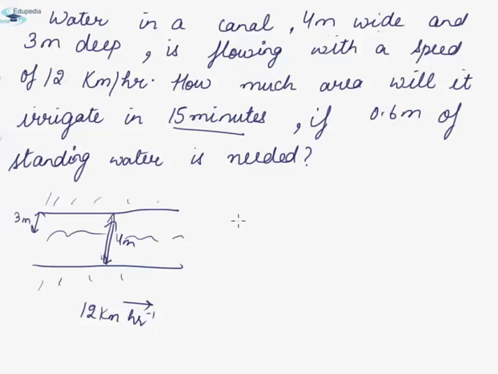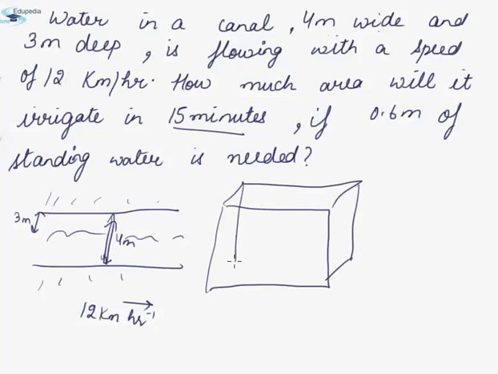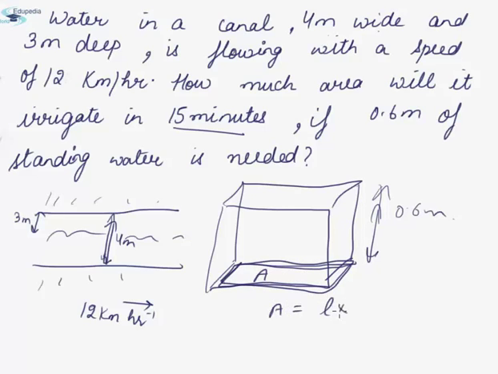So let us assume that this canal is used to irrigate a field where the height of standing water needed is 0.6 meters and the area we have to calculate. So let area be A. Now this A can be written as L into B, where L is length and B is breadth. We need to calculate this area.